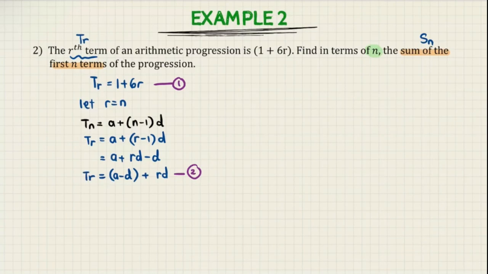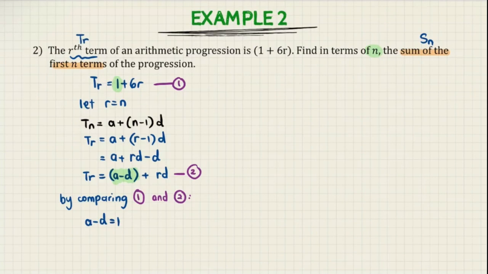Okay. Now, by comparing, okay. So bila kita compare equation 1 and equation 2, kejap. By comparing 1 and 2. So here, 1 will be equals to A minus D. So, A minus D akan sama dengan 1.